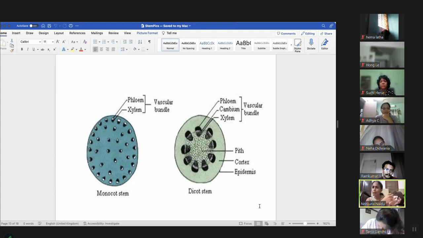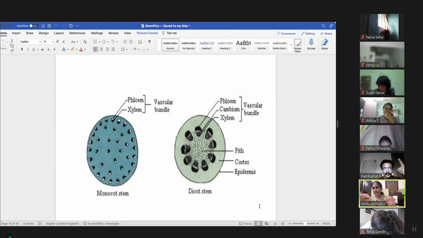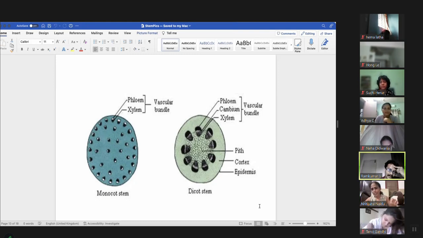Some of the barks are also used for making natural dyes for clothes. With banana, we use the fiber for making rope, right? That you pull out.